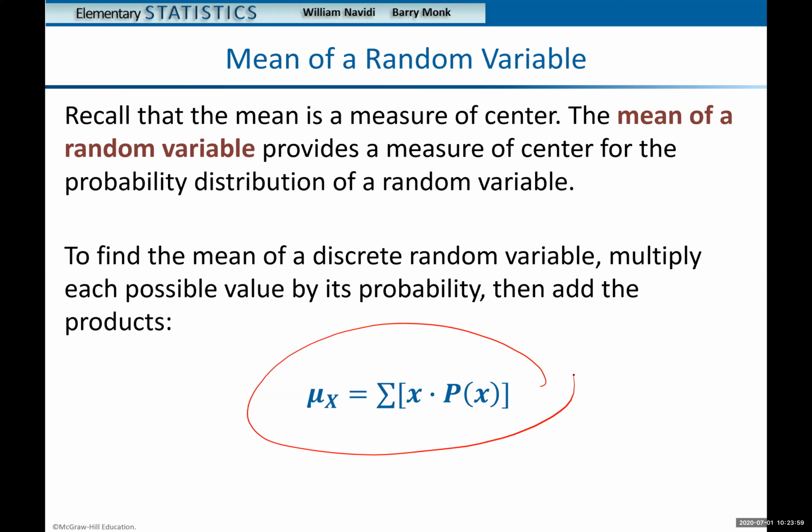Remember, you have your frequency distribution with X and P of X. You create a third column, X times P of X, you multiply these two, and then the total here is going to be the mean of a random variable.